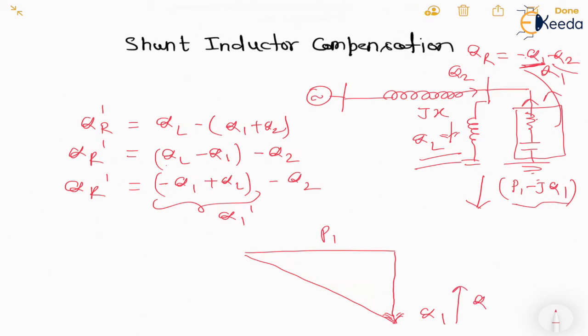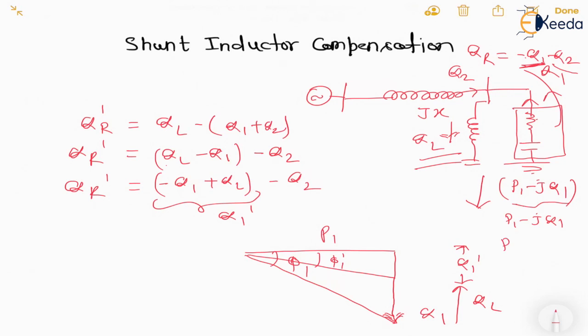Initially the power factor angle was phi 1 and now it has changed to phi 1 dash, meaning the angle has been reduced, and this becomes Q1 dash. So you can see clearly that the power factor angle has been reduced, meaning the power factor value is increased.